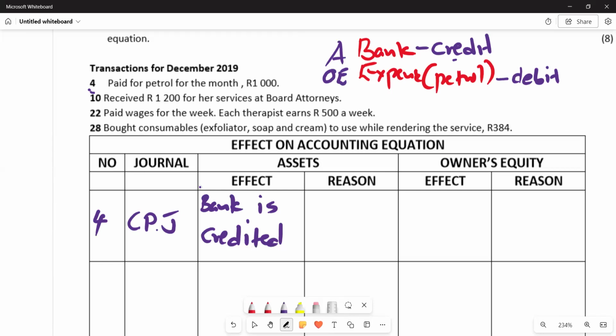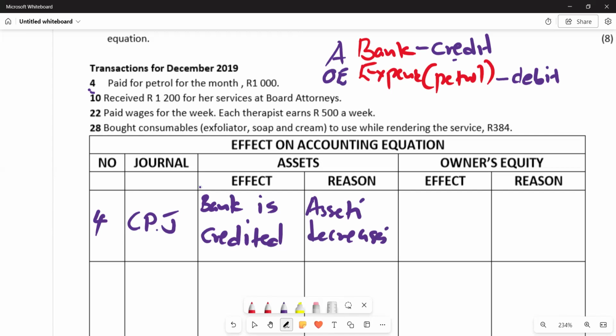So the reason is that assets decrease. Because as we are paying the petrol with money, it means our bank balance is going to decrease, and that's the reason why we are doing that. So that is the effect on assets.